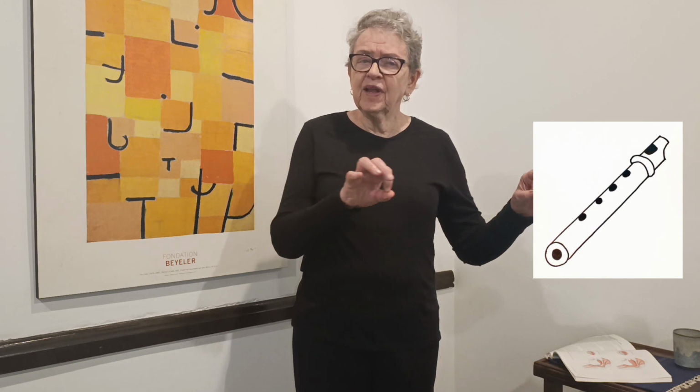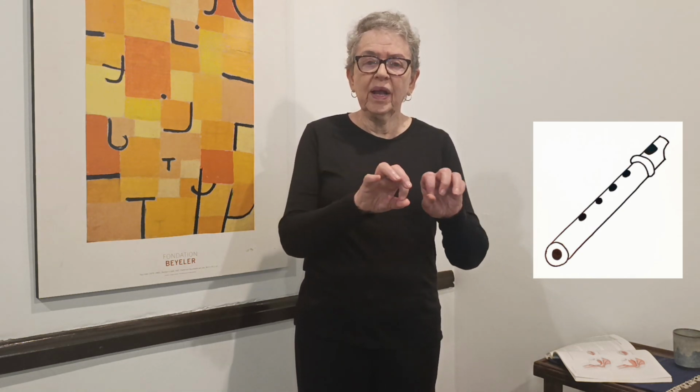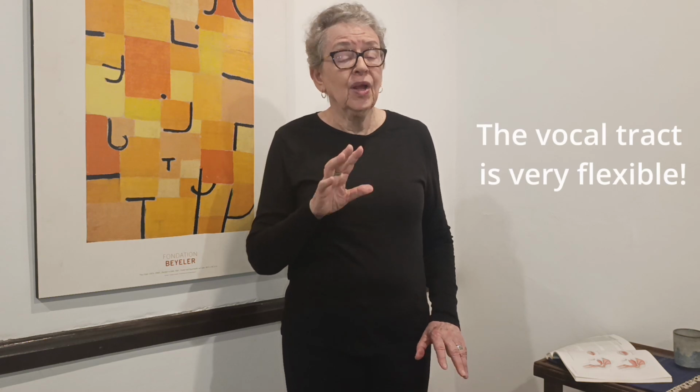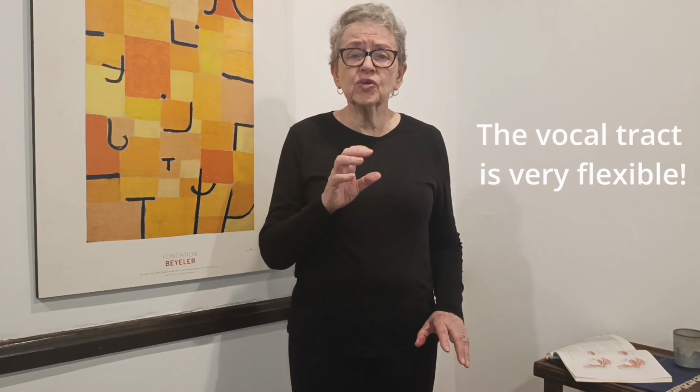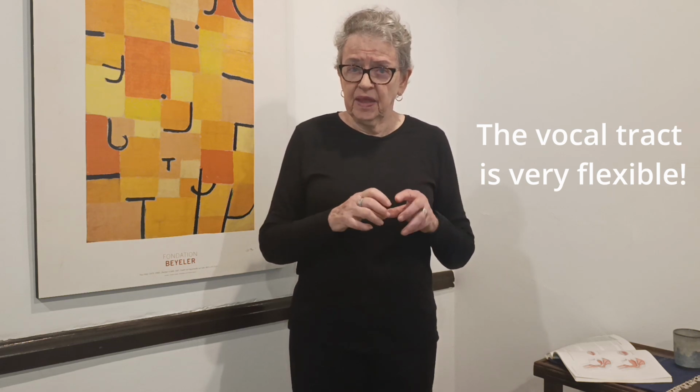But it is not flexible. It has the same size all the way along it. We have a very short vocal tract, but it is very flexible. Today we're going to be talking about all of those parts that can change the size, the amplitude, and the length of the vocal tract.